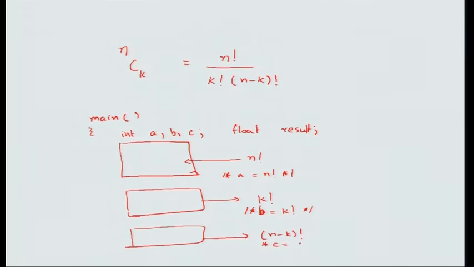Let's say I'll store this in c, and then I'll say result equal to a by b times c. Some code that looks like this.